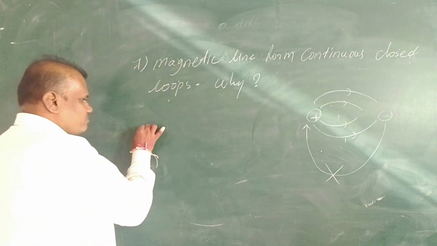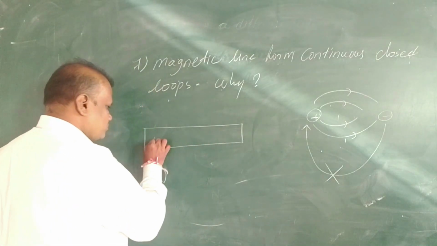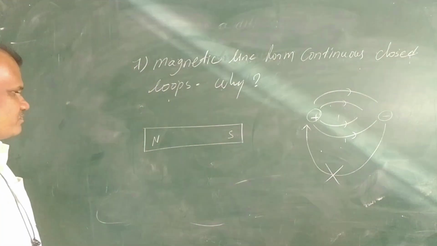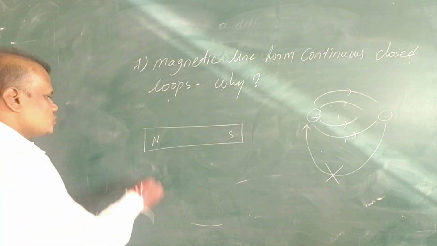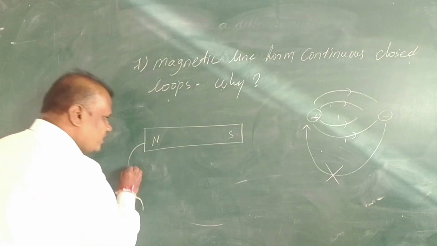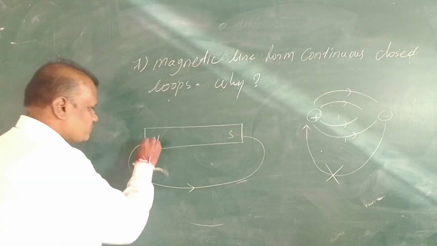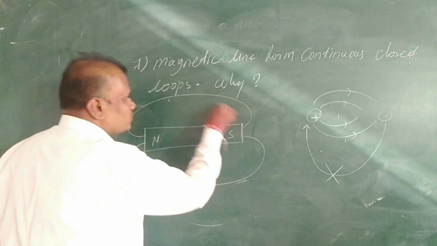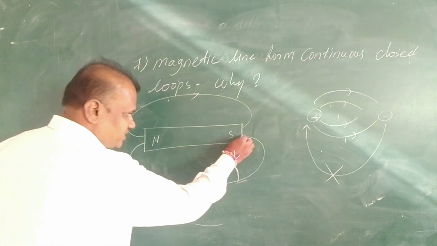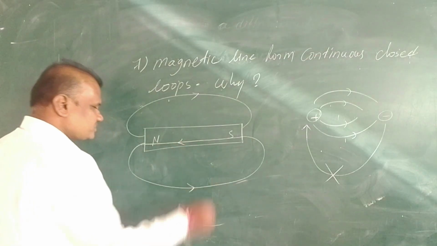Whereas in case of magnetostatics, this is the north pole and this is the south pole. In magnetism, the lines of force outside the material will be from north to south. Inside the material, the lines of force will be south to north.